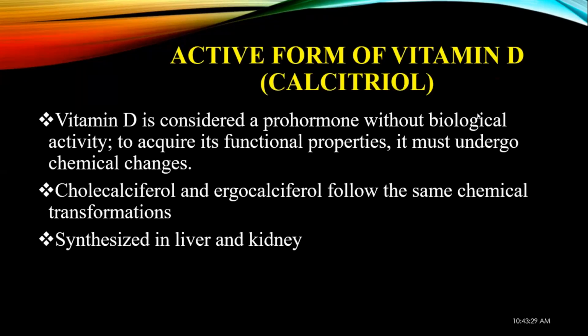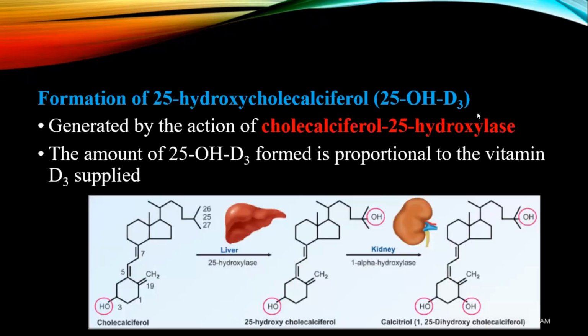So in the liver, there is an enzyme called cholecalciferol 25 hydroxylase. So that is present in the liver, and this cholecalciferol 25 hydroxylase enzyme inserts a hydroxyl group on the 25th carbon of cholecalciferol to form 25 hydroxy cholecalciferol.